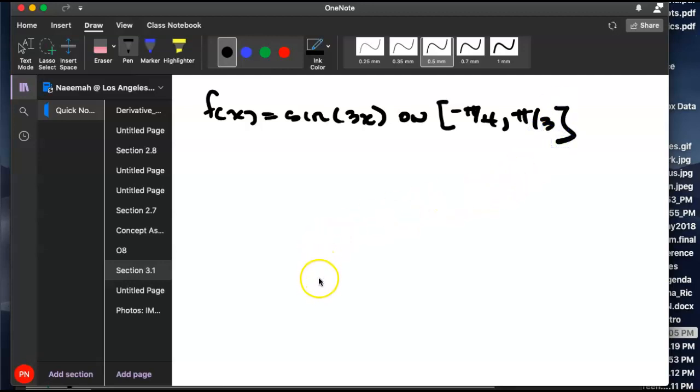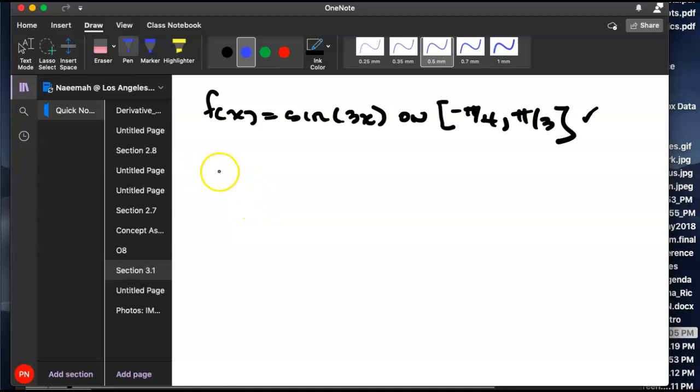What we know is trig functions are continuous on their entire domain, and sine and cosine don't have any restrictions. So I verified that continuity exists. Therefore, we will have an absolute max and an absolute min. We just have to go and find it.